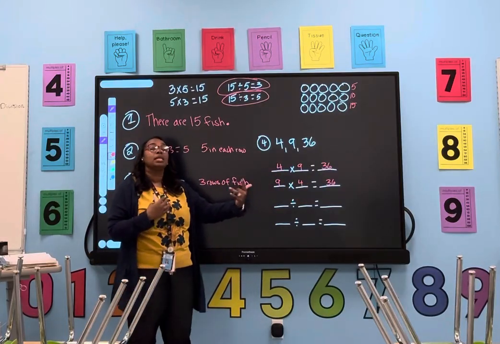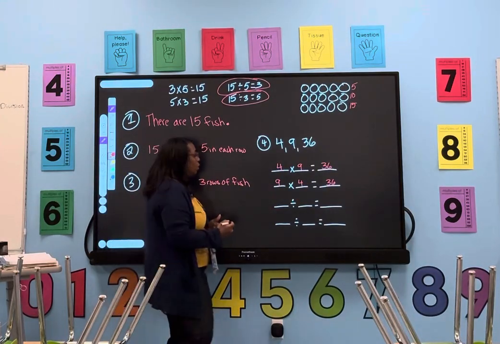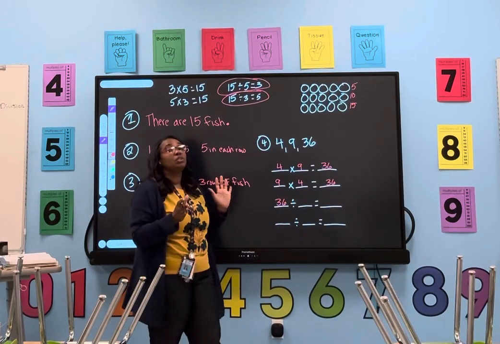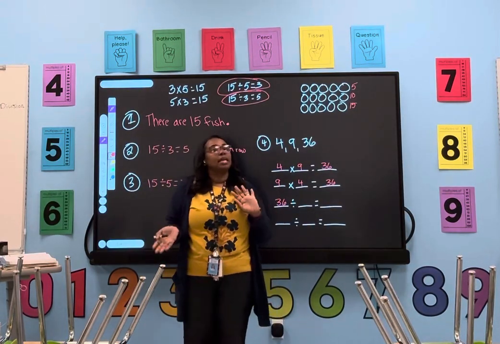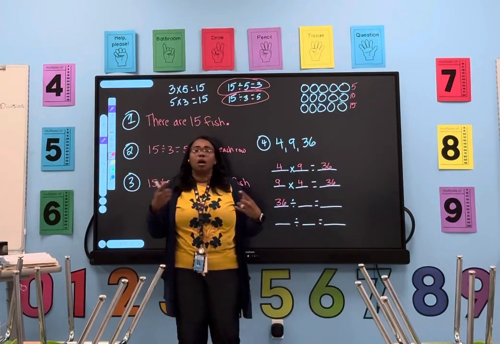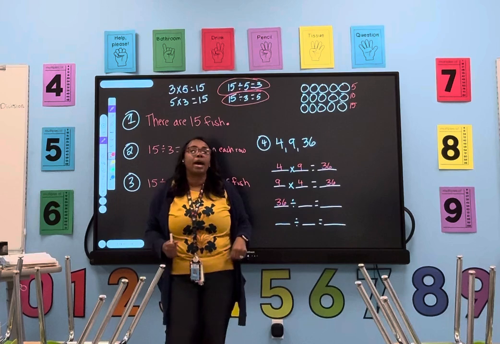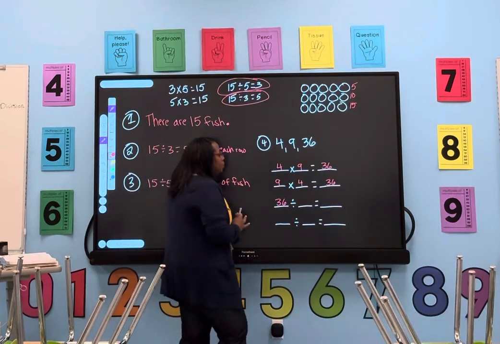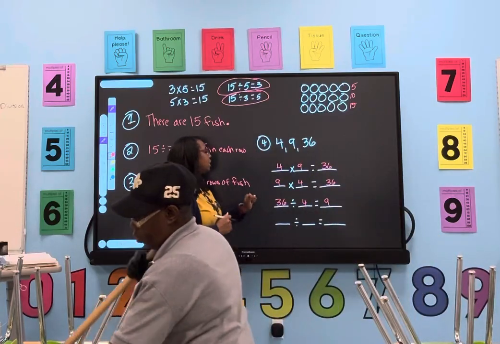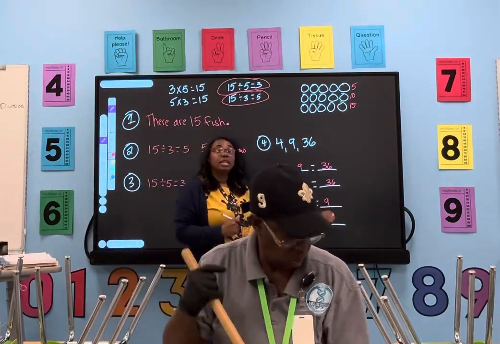So that means my 36 is going to go first in my division equation. Now, the other two numbers, the 4 and the 9, it doesn't matter the order you put them in because they're going to switch orders anyway. So you can put them however you like. So for this one, I'm going to put the 4 first and then the 9. So 36 divided by 4 is 9.